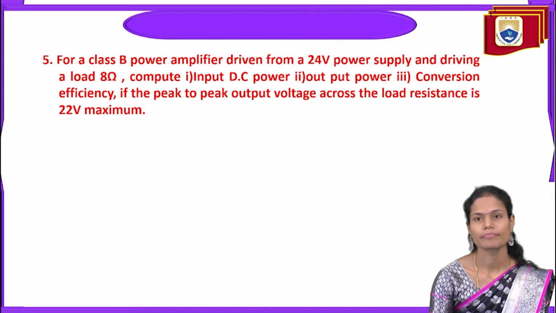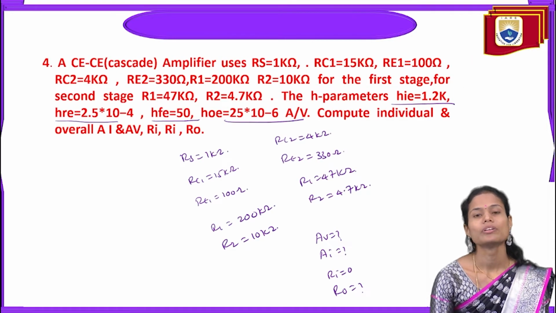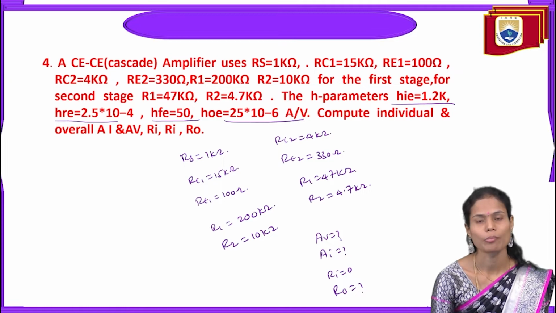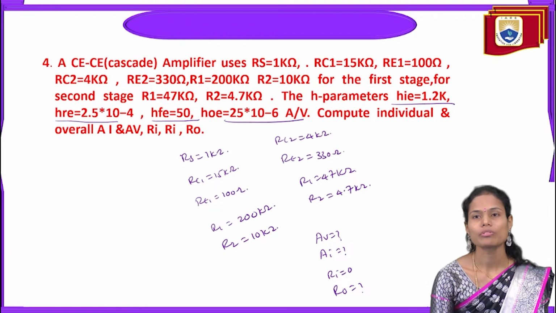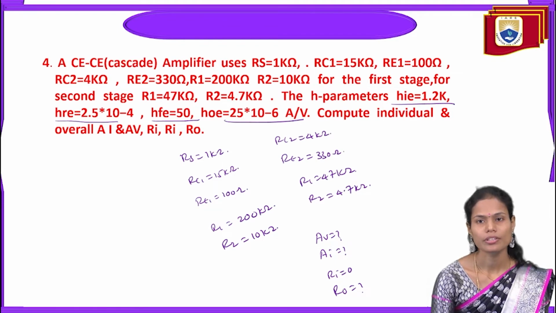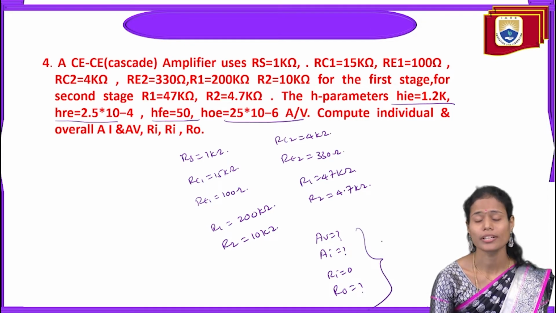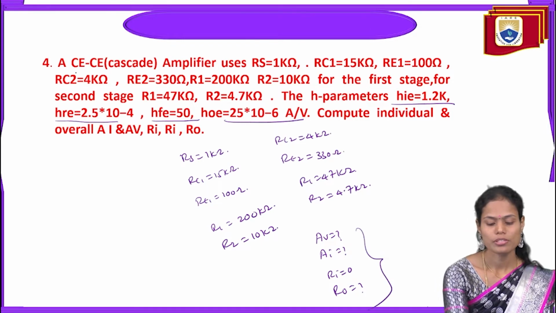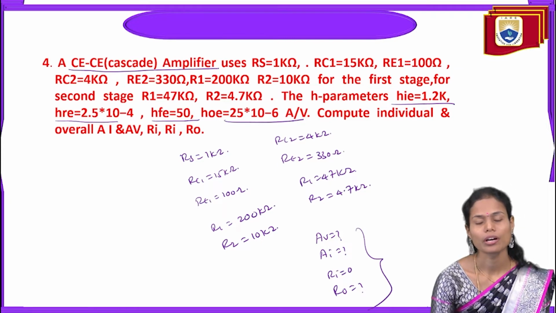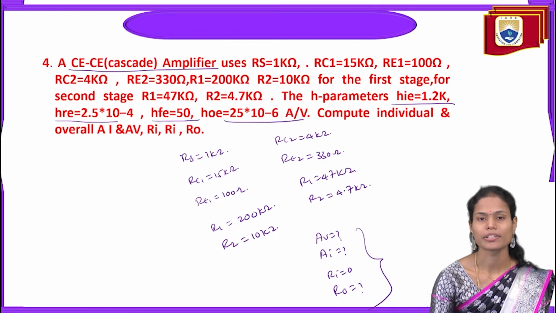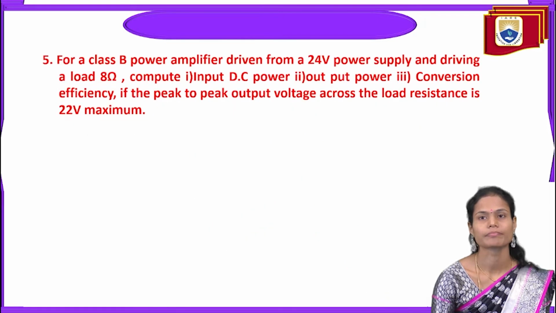To analyze that, we have to utilize the formulas of the current gain, voltage gain, input and output impedance of the common emitter configuration along with the given H parameters. Using these H parameters and given resistance values in the required formulas, we can find all the desired values. This particular problem we already discussed in the problems on multi-stage amplifier session.